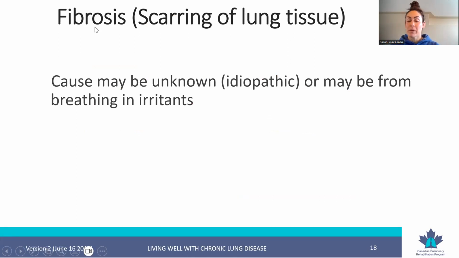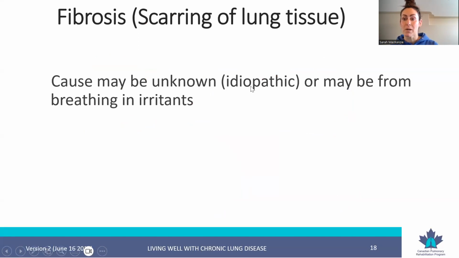With pulmonary fibrosis, this is a progressive scar tissue that's formed in the lungs. It may be because of breathing in, if you were exposed to a mass amount of chemical that you breathed in, that can cause some scarring and permanent damage, or what's called idiopathic.